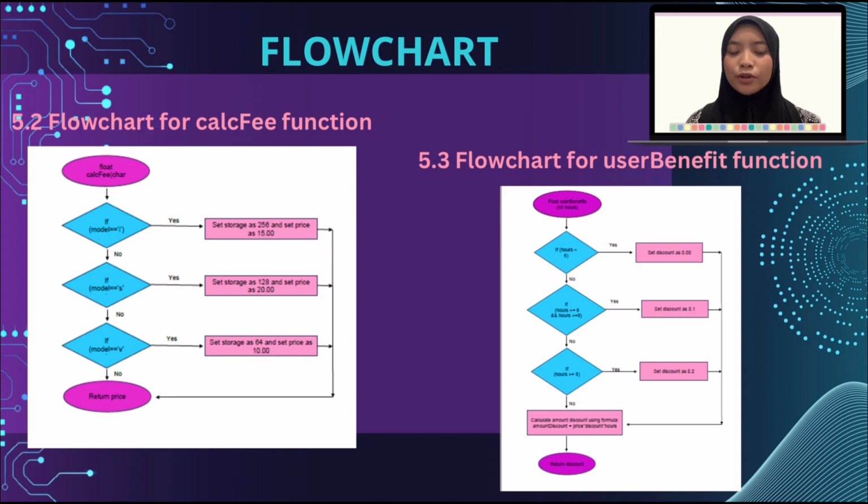But if the model entered by the user is equal to S, then the storage will be set as 128 GB and the price will be set as 20 ringgit. But if the model entered by the user is equal to V, then the storage will be set as 64 GB and the price will be set as 10 ringgit. Then the program will return the price of the model to the main function.